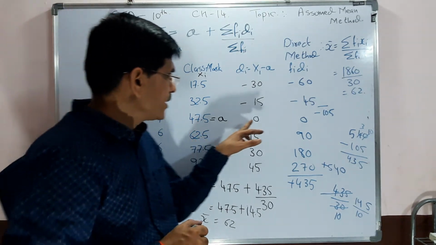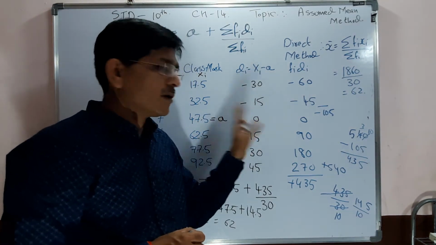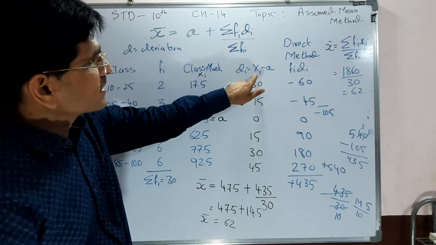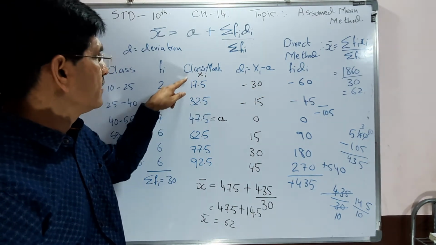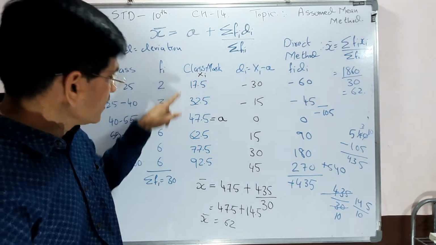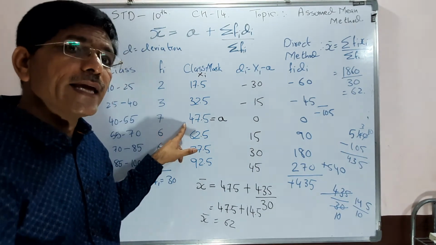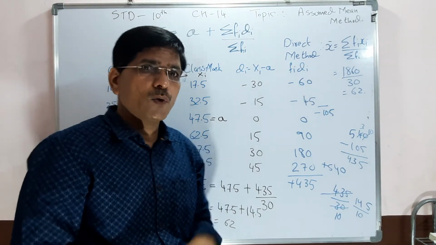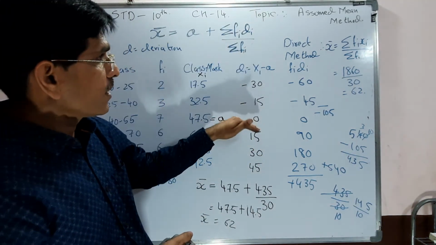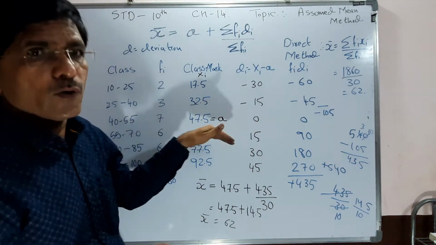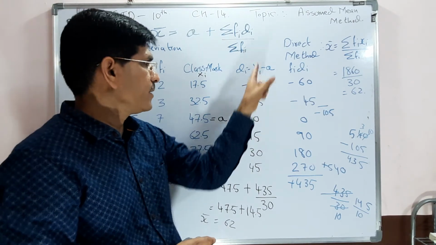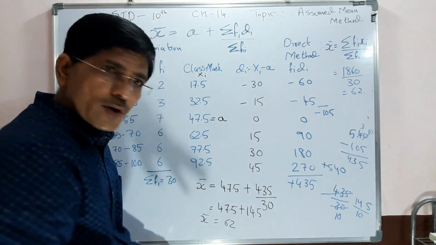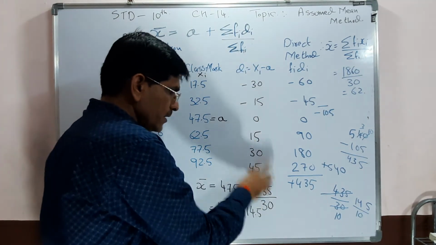Wherever you assume a, always put di equal to 0. Why? Because xi minus a: xi is 47.5 and a is also 47.5, so we get 0. What do we write for the others? The difference is 15, so above it is negative: minus 15, minus 30. Below, always positive: 15, 30, 45.